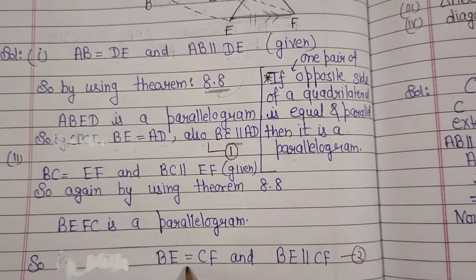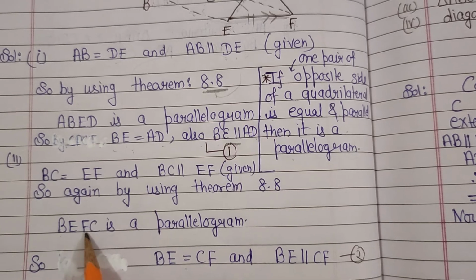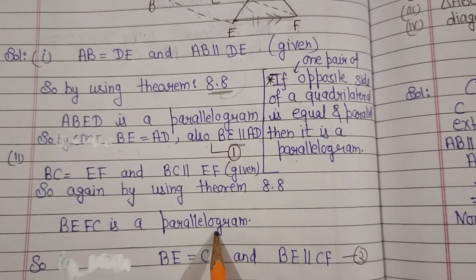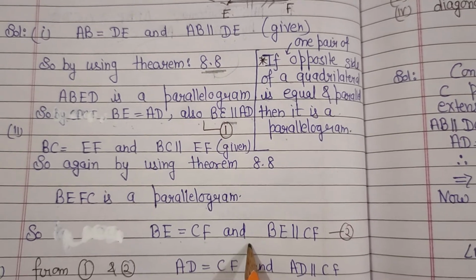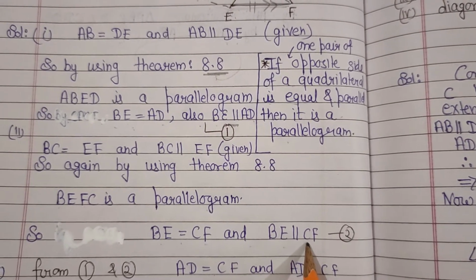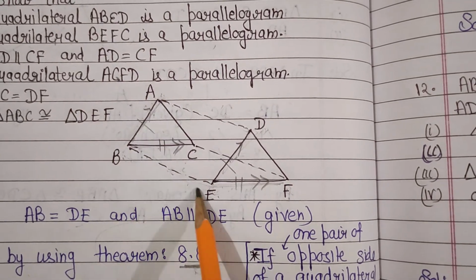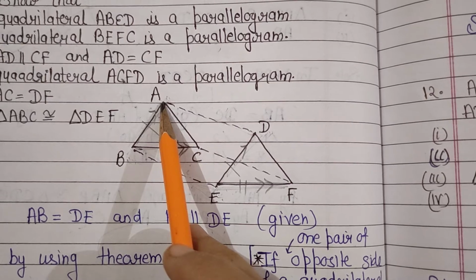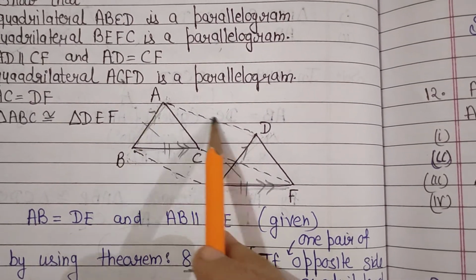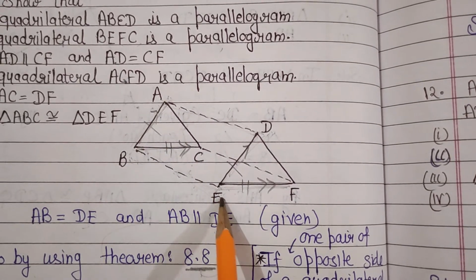So we can say that BEFC is a parallelogram, so BE is equal to CF and BE is parallel to CF. Now see from here, for the quadrilateral which we proved a parallelogram in the first part, AD is equal to BE and AD is parallel to BE.